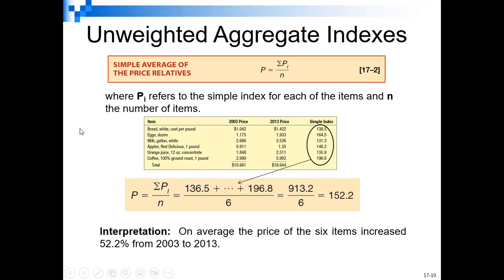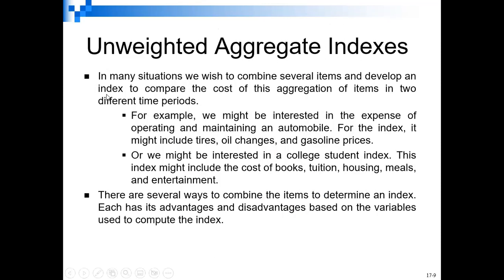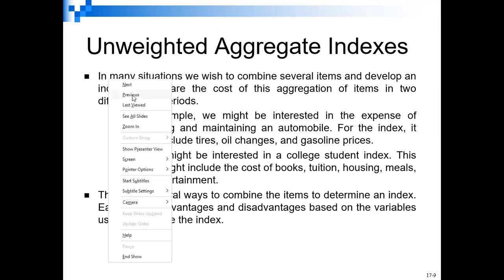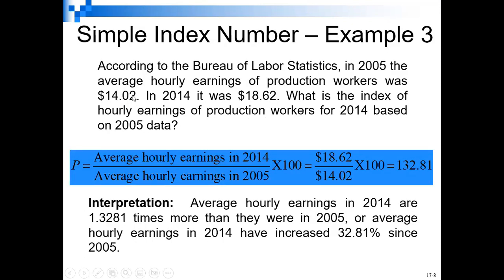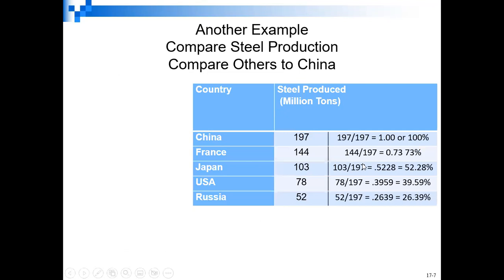Let's go back, because it comes to the same thing. You can see here we multiplied by 100, so that it gives you the percentage value right away, but you don't have to do that. You can see here I multiplied by 100. 1.0 times that, that's 100.